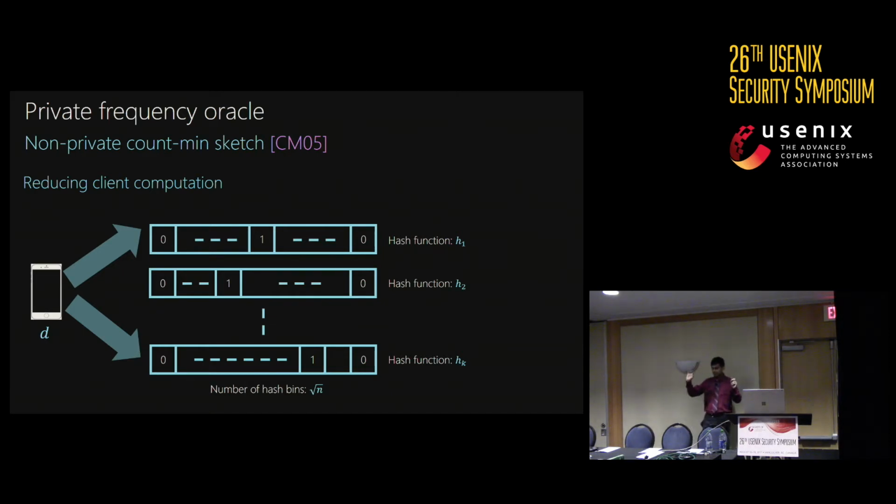So you hash the data sample with k different hash functions, and each hash function maps the data sample to a range of square root of n. So notice that initially I had this ginormous vector of length s, I've got it down to root n. So each hash function maps the data sample to square root of n bits.